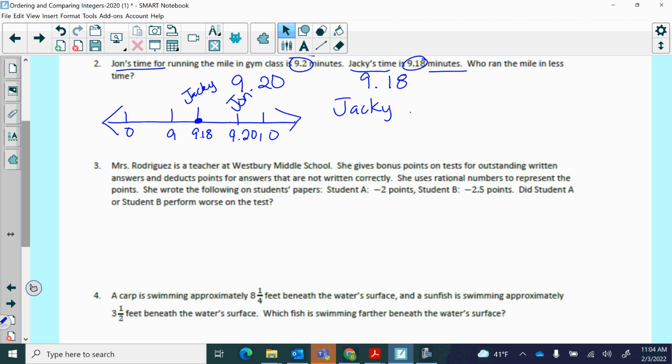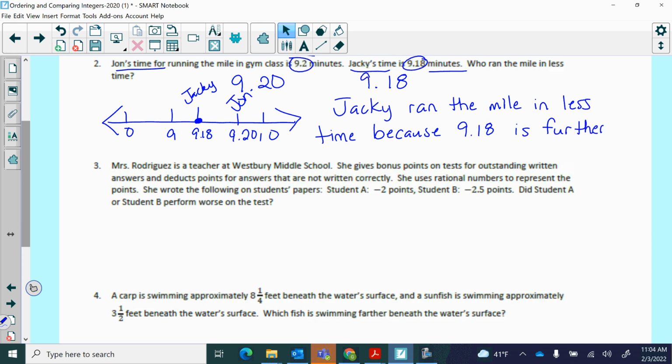So Jackie ran the mile in less time because 9 18/100 is further left on the number line. Any questions about that one?